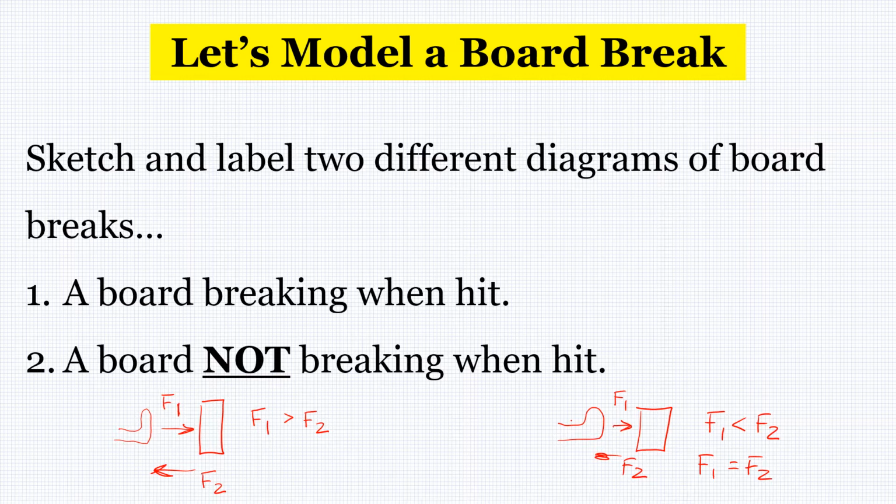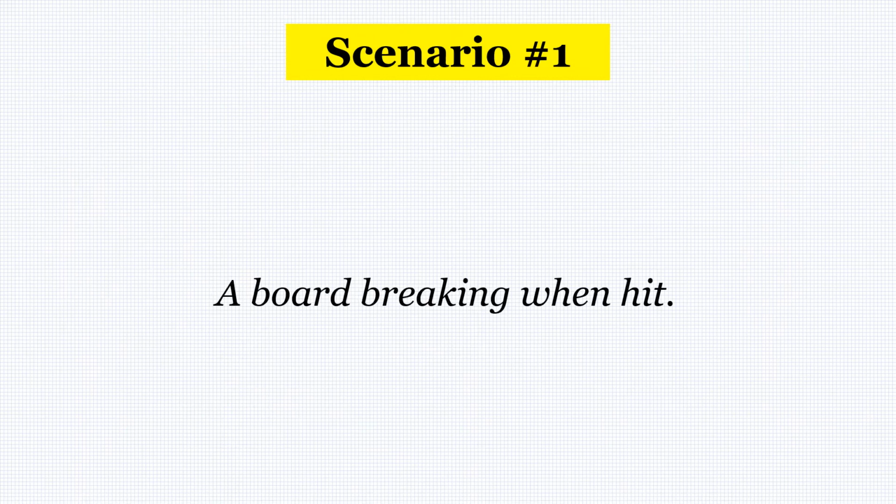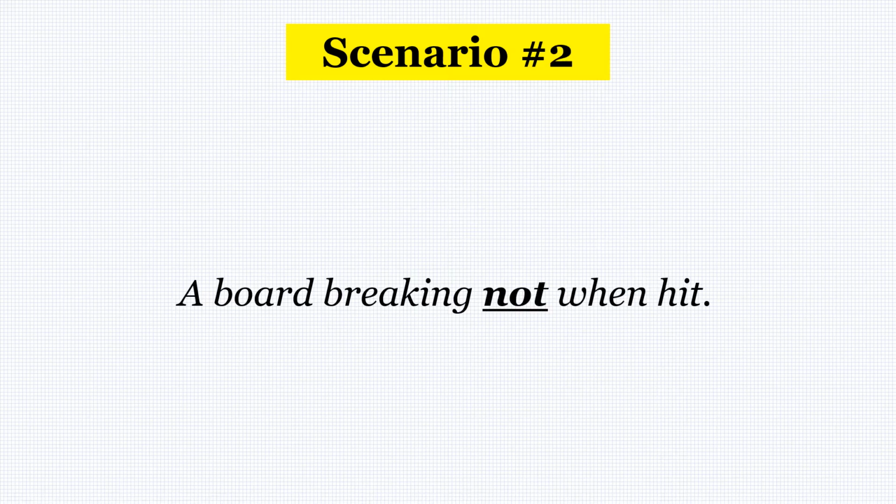I'm applying a force and the board is applying a force equal and opposite to the force that I'm applying. And obviously if I'm applying less than the force of the board, it's not going to break. So really what we want is to generate a force greater than the force the board is generating on me. So we talked about these.